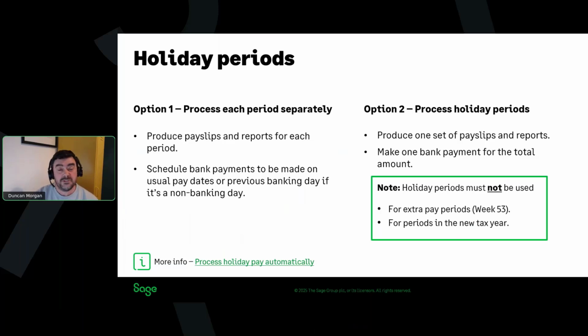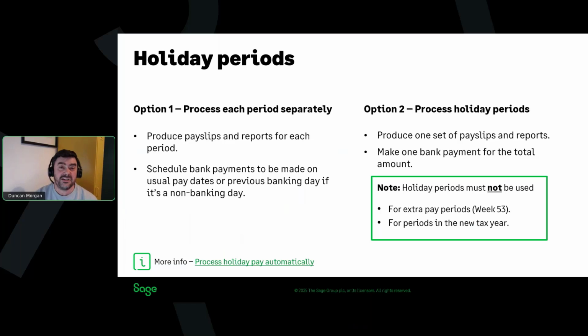Option one, which is arguably the simplest, is to process each individual period separately. Even if you're doing this early, you would set the period, enter the timesheets for the first week, run end of period, produce all of your reports and do a submission. Once you've done that submission, you could then move on, set the next period and run through the same process.